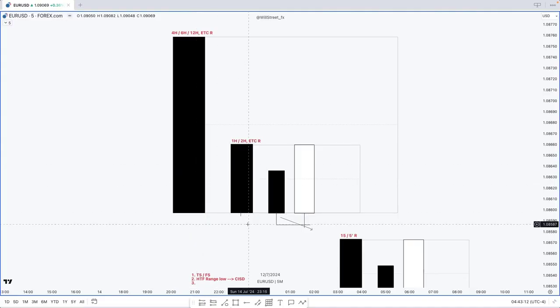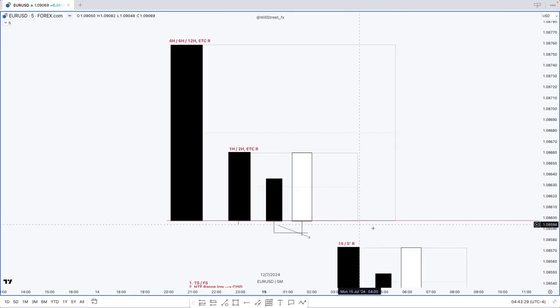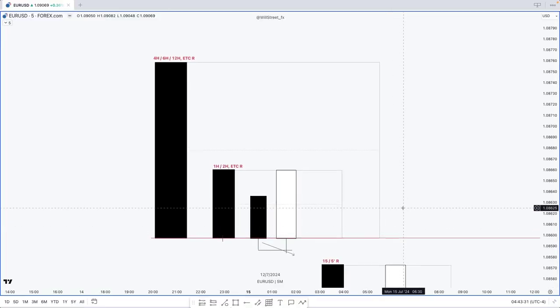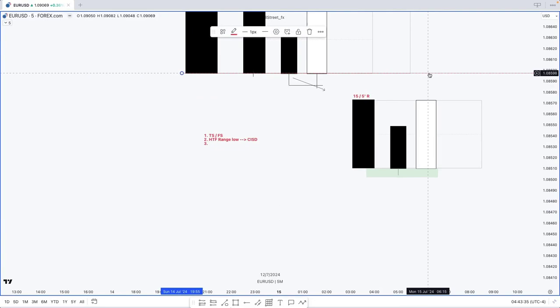When price tries to break, fails, and the body closes inside, this will be our second best long opportunity here. The red line. It is the second best long opportunity.